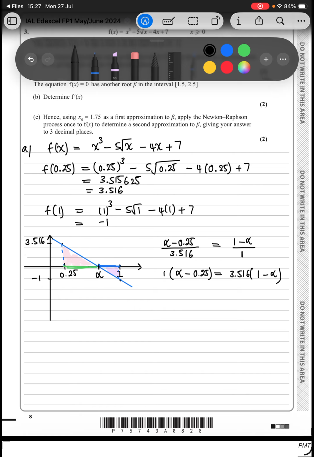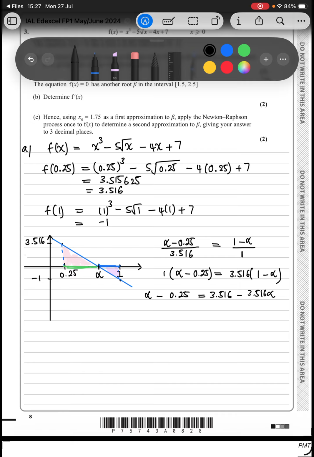Let's expand the brackets. 1 times alpha is alpha, minus 1 times 0.25 is minus 0.25, equals 3.516 minus 3.516 alpha.